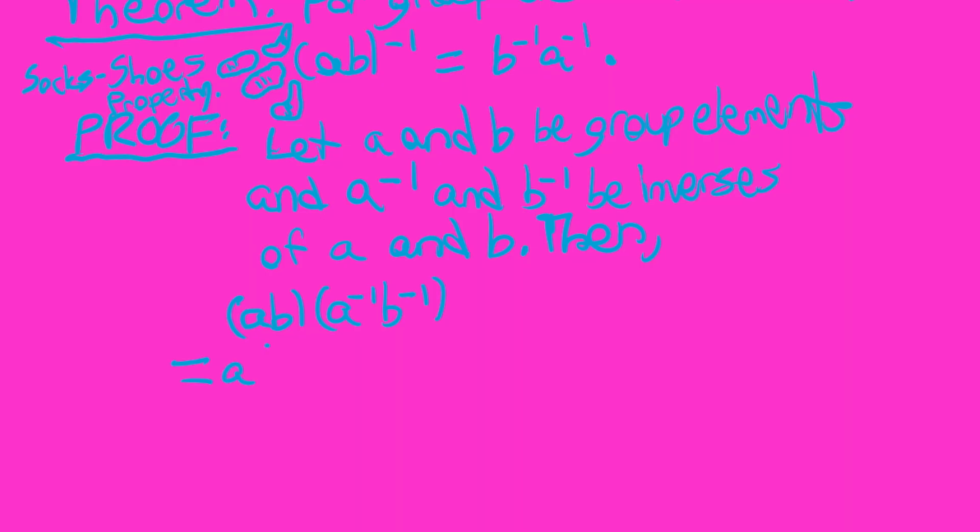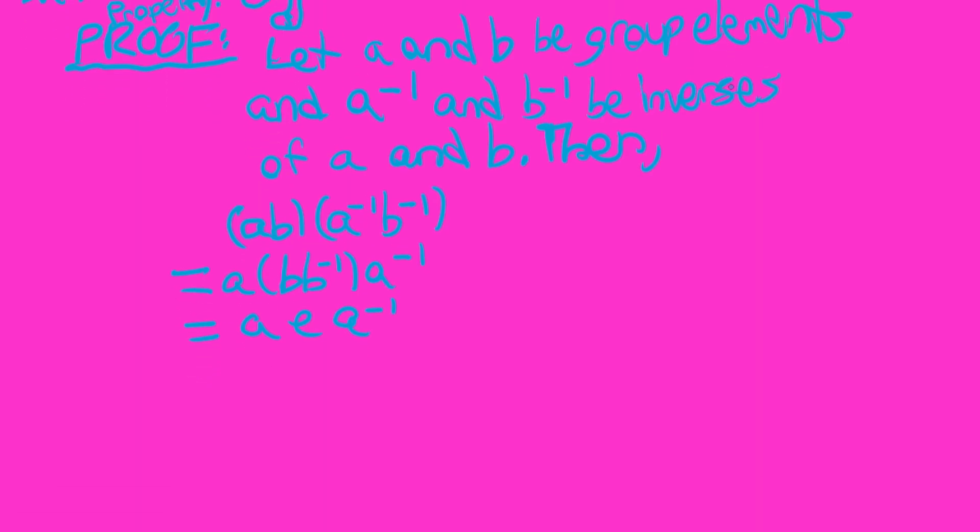Since these are group elements, we will do some associativity here. And this will give us the identity element. And then we also have that these equal the identity element.